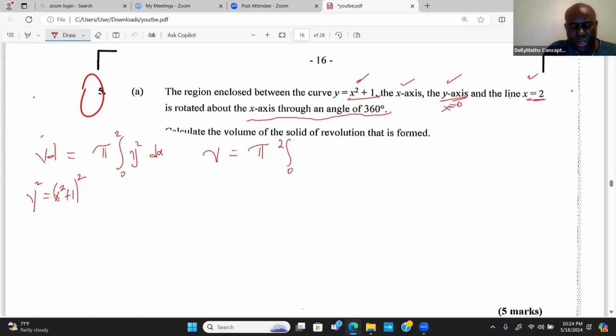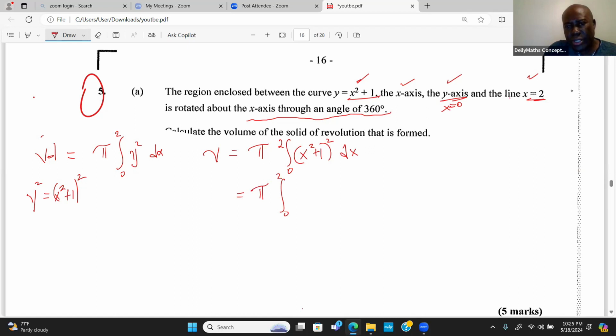That is going to be the region. Y squared, in this case, is going to be x squared plus 1 all squared dx, right? So we're going to integrate that. So let us do that. Basically, the integration works the same way.